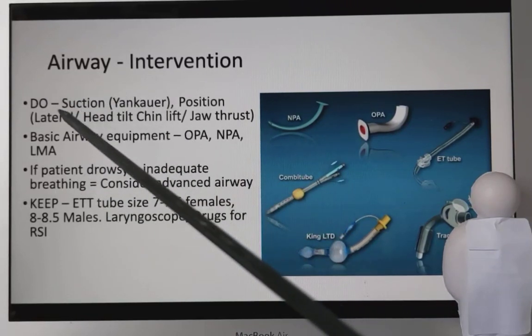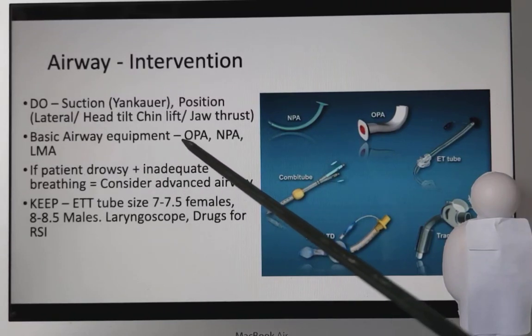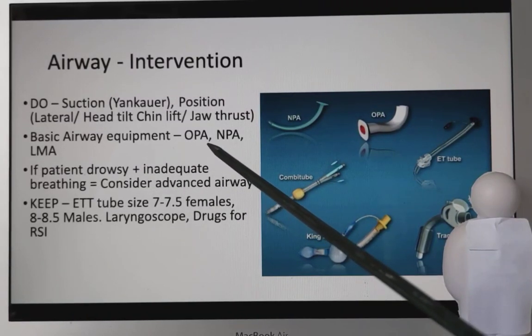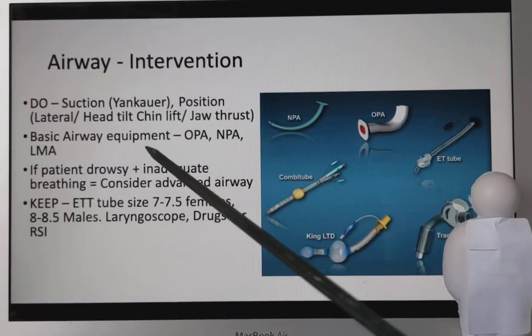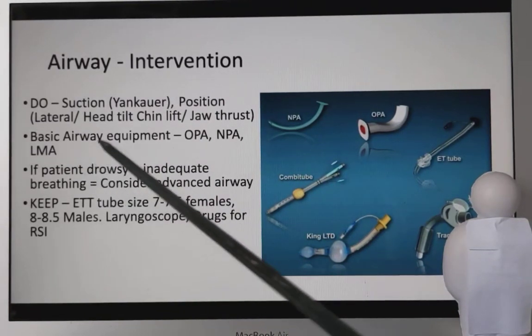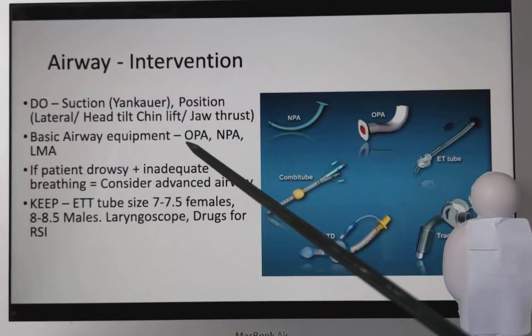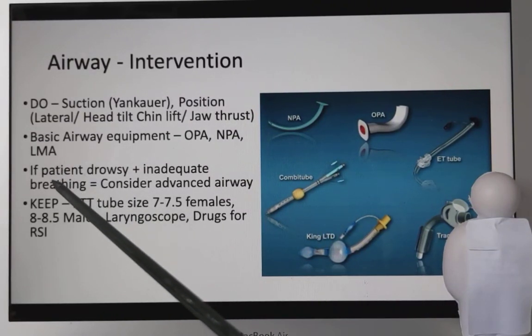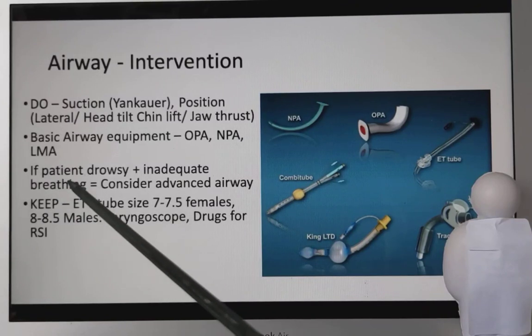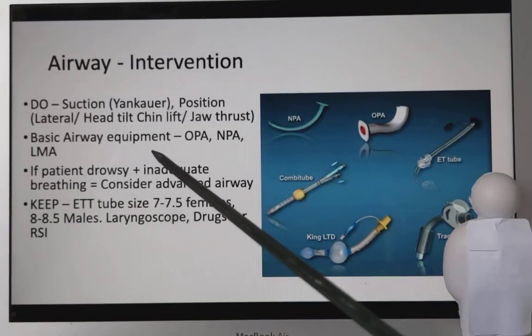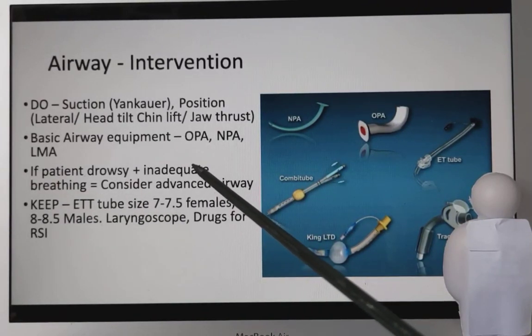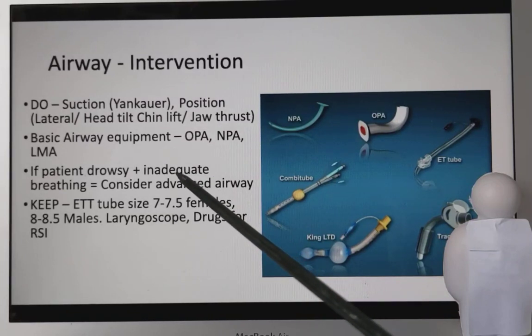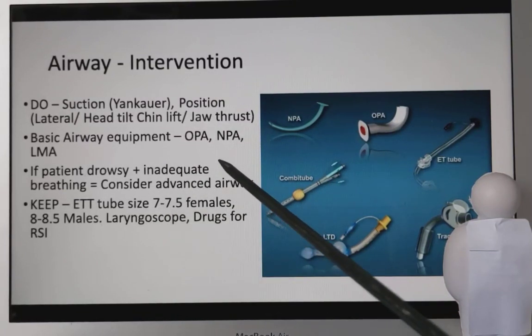Now, these are the basic airway maneuvers, but then you move on to the basic airway equipment. What are the basic airway equipment? You can use OPA, NPA, or the supraglottic devices. So you can use oropharyngeal airway, nasopharyngeal airway, and a laryngeal mask airway. Now, if the patient is drowsy and having inadequate breathing, then you consider advanced airway.